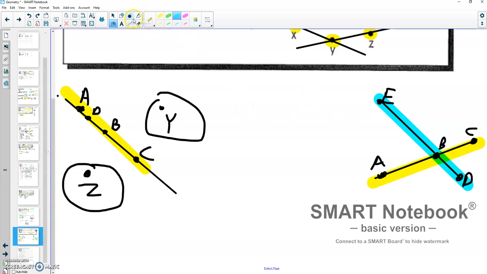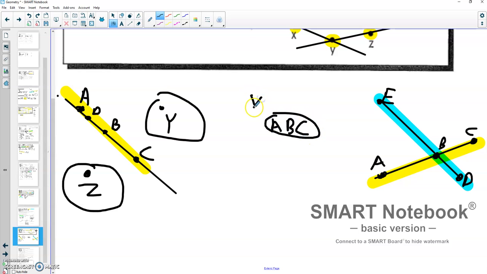Now let's look at the yellow line first. What are the 3 points on this yellow line? If you said A, B, and C, that's correct. A, B, C are on the same line. They're collinear. Okay, that one was easy.